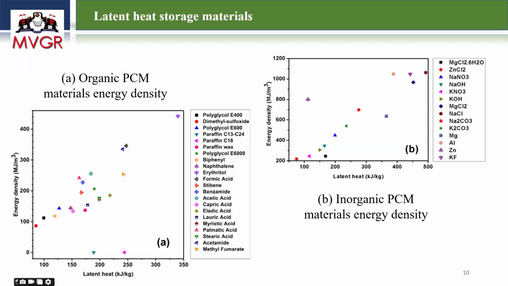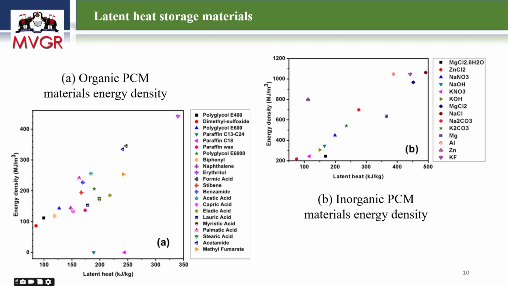Like, let us take some sugar alcohols. Sugar alcohol is nothing but like glucose material. If you take sugar, sugar is also one of the best examples of a phase change material. It is a glucose form. It has a structure of carbon, hydrogen, and oxygen, and there are no extra components. And if you take paraffin wax, it has a chemical structure of carbon and hydrogen only.